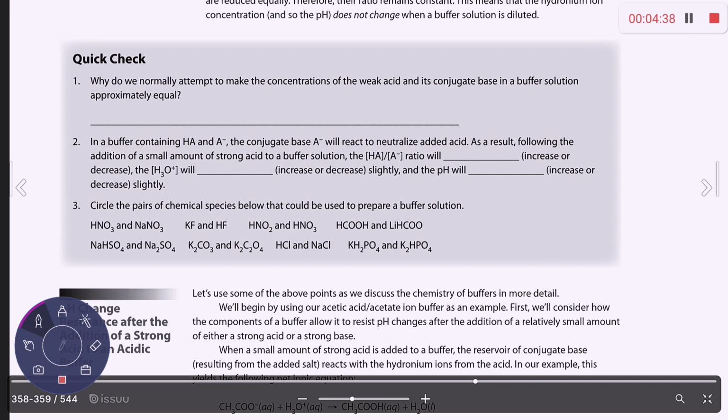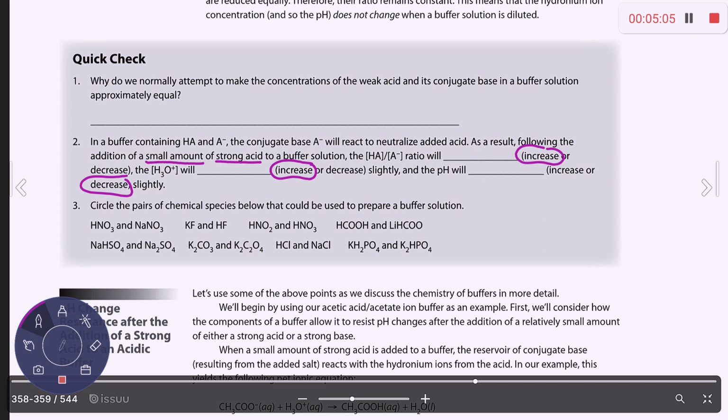As a result, if you add a small amount of a strong acid to a buffer solution, what will happen to the ratio of the weak acid to its conjugate base? Will it increase or decrease? Increase. Okay. And that means that the hydronium ion concentration will increase slightly, and the pH will decrease slightly.